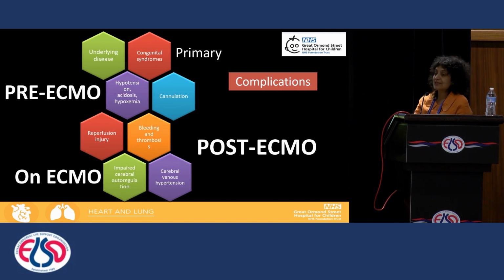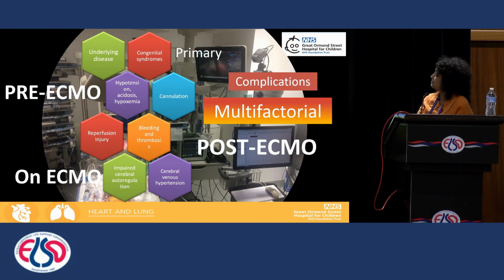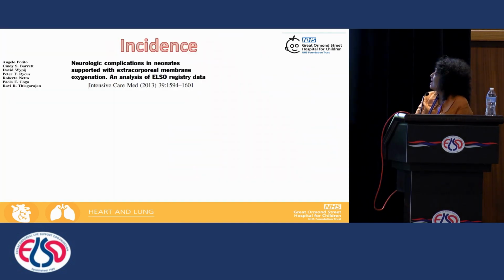We also know that there can be a degree of reperfusion injury, bleeding, thrombosis related to systemic anticoagulation. We've heard already about impaired cerebral autoregulation, and we also know that there can be cerebral venous hypertension post-cannulation, which at this moment in time we're not able to measure really well. So multifactorial, and there are very few things we can modify.